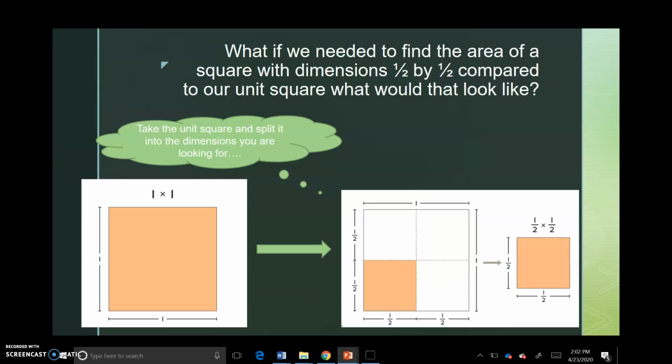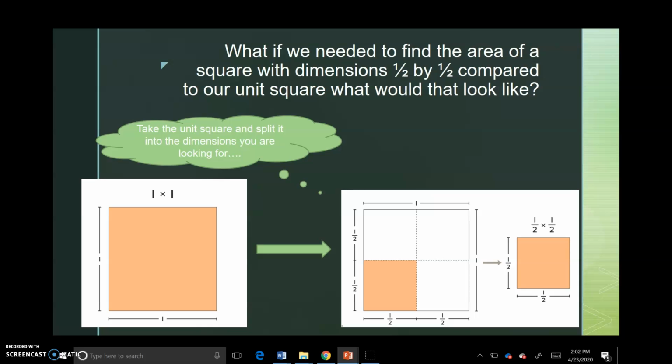So if we're thinking about finding the area of a square, we know area is the length times the width. In our unit square, it is a 1 by 1. But what if we wanted to look at a half by a half? What would that look like, taking that piece out of our unit?